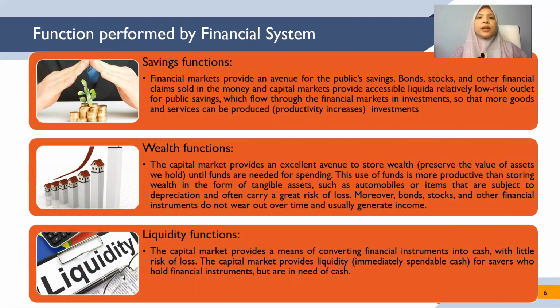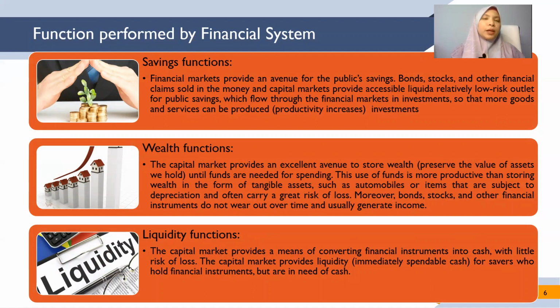The financial market provides an avenue for public saving. We know that we can always save our money, not in our house, but in the banking sector or in any investment place. And then we have the wealth function. The capital market provides an excellent avenue to store wealth.